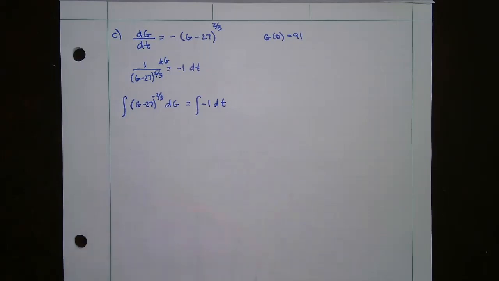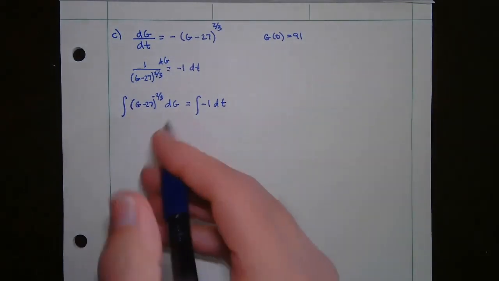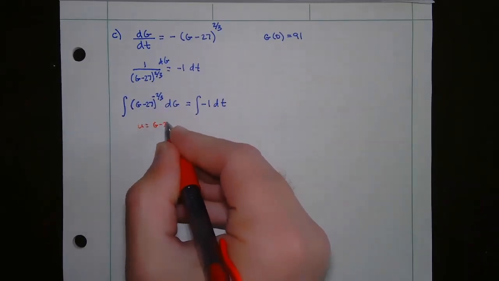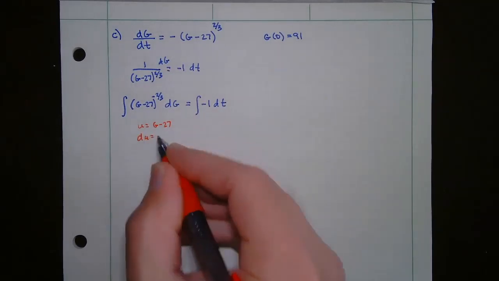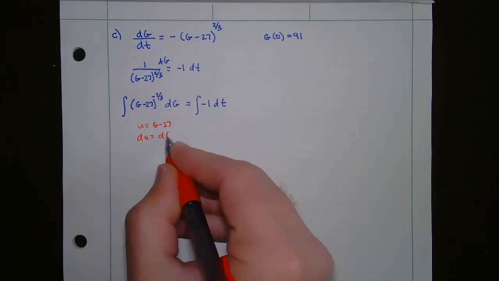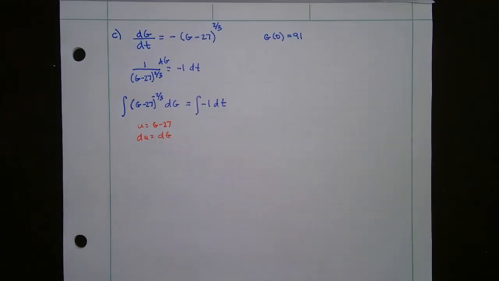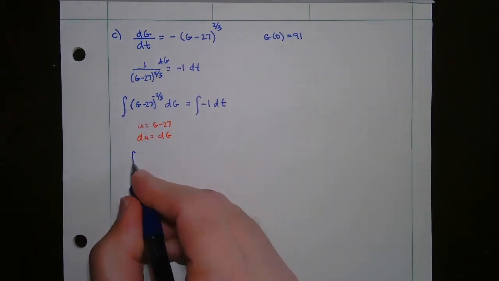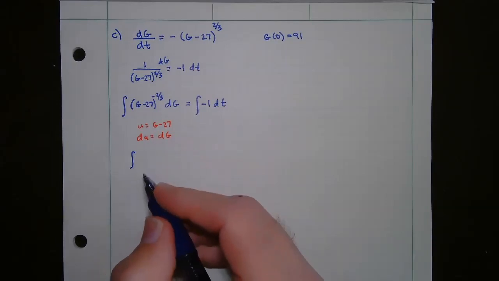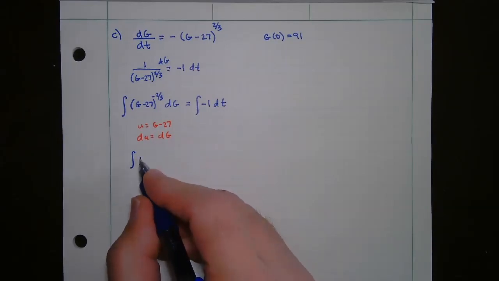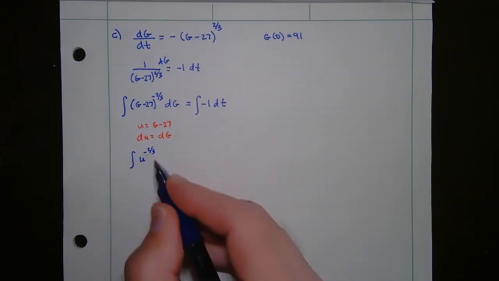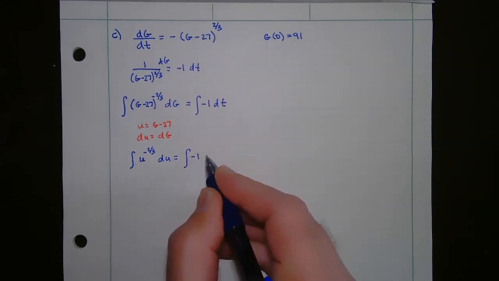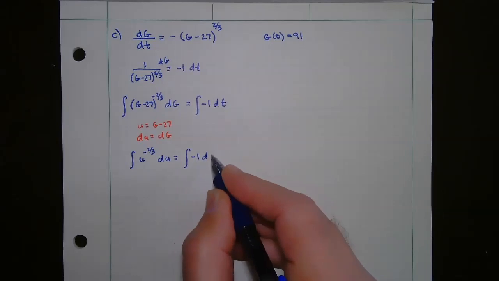Okay, now if I let u equal g minus 27, then du would simply be dg, okay? And so then this is u to the -2/3. You wouldn't have to do a u substitution on this, okay? You could just do it mentally, all right? So this is u to the -2/3, and then du is equal to the integral of -1 dt.